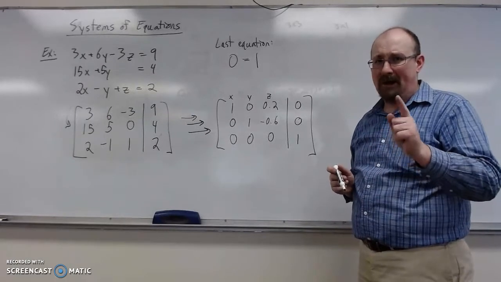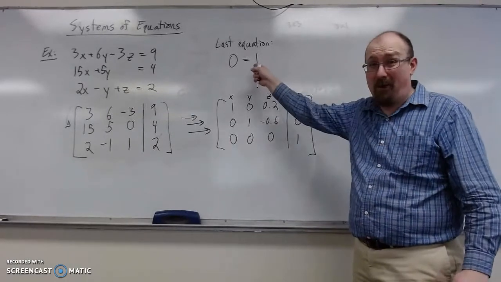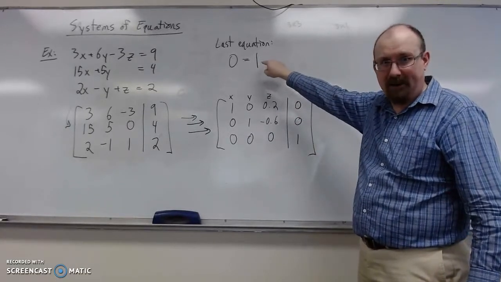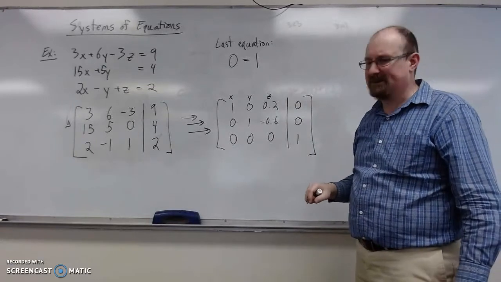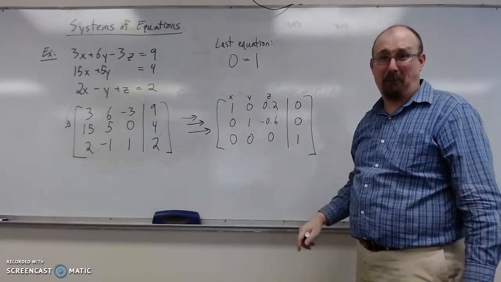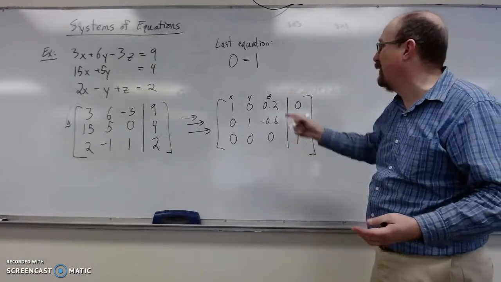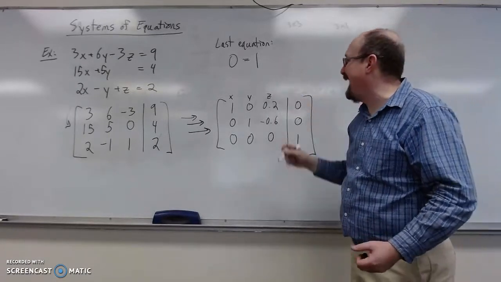There should be some warning alarms going off at this point because 0 and 1 are not in fact equal to each other. This is never true, right? I could technically come up with some circumstance by redefining equal, but yeah, no, in no context we normally deal with in Math 210 is this equation accurate.